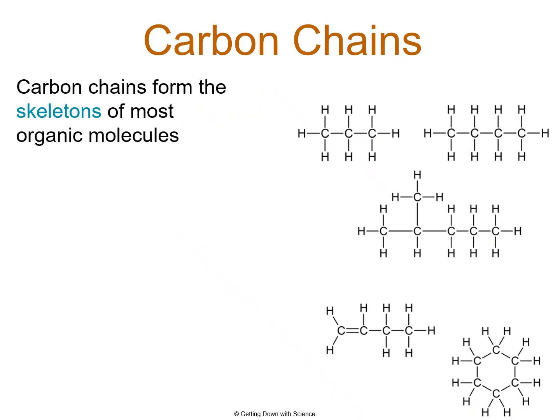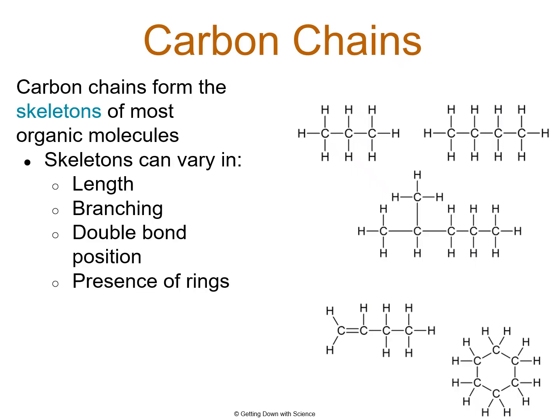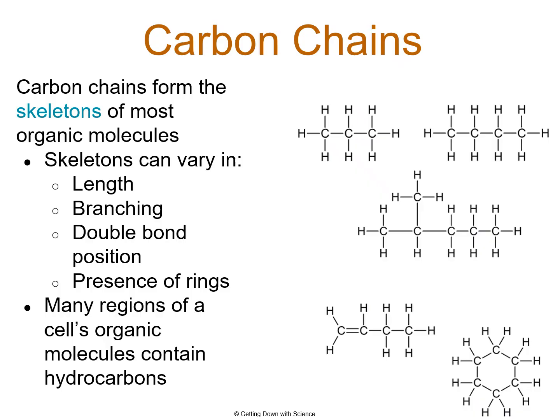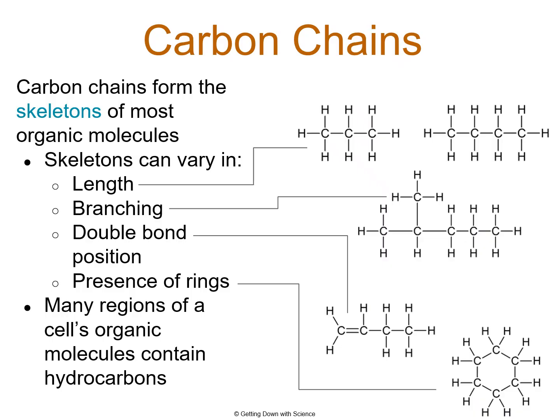Carbon chains form the skeleton of most organic molecules, and the skeletons can vary in length, branching, double bond position, and presence of rings. In many regions of a cell, organic molecules contain hydrocarbons. If we think back to the previous lecture, we saw hydrocarbons in the fatty acids of lipids.